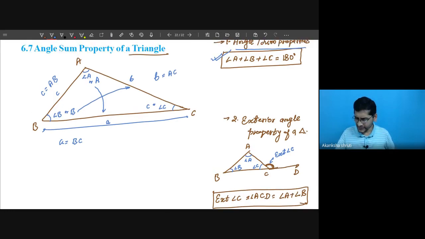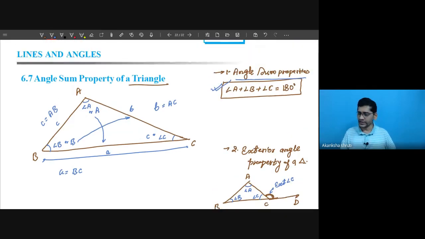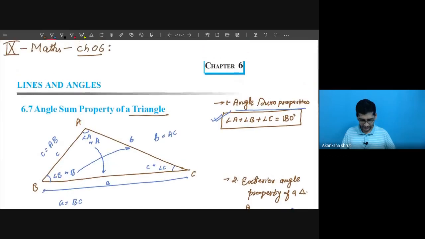Then this exterior angle ACD is equal to the sum of the two opposite interior angles, that is angle A plus angle B. Exterior angle C is angle A plus angle B. So these are the two things that we have to learn, and we have to prove this angle sum property, and based on that we have to solve questions.